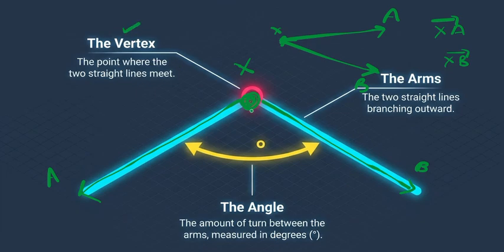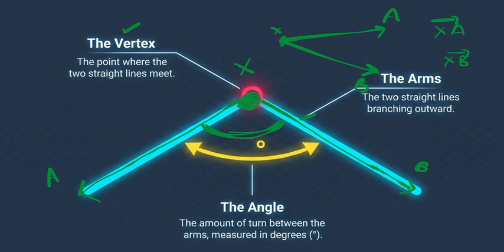What is it called? Vertex. Okay, and these two rays, AX and XB, are called the arms. And the space between these two rays, this space, is called the angle. Got it?